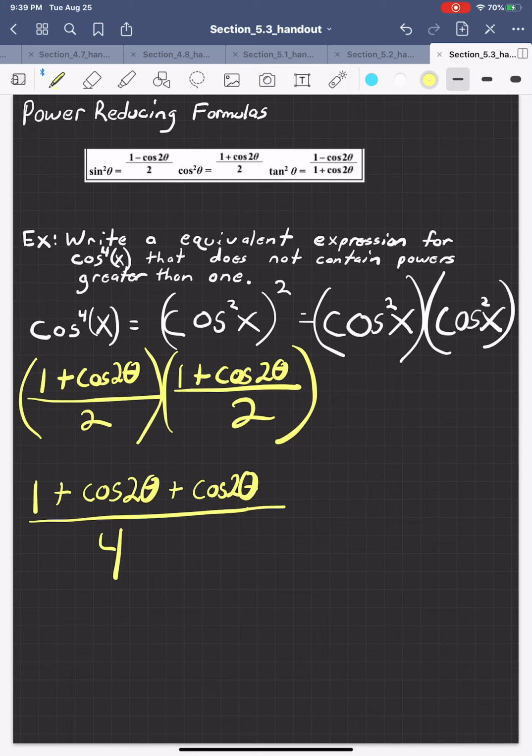And finally, cosine double theta times cosine of double theta. Well, fairly simple. This is actually simple, but it's important to understand. When you do cosine double theta times cosine of double theta, you just get cosine squared double theta.